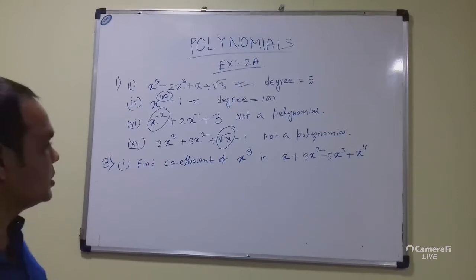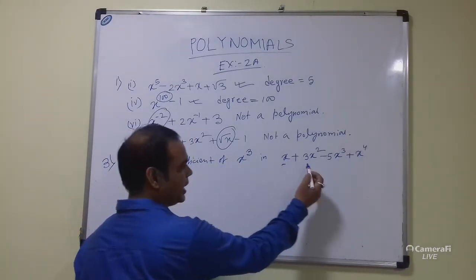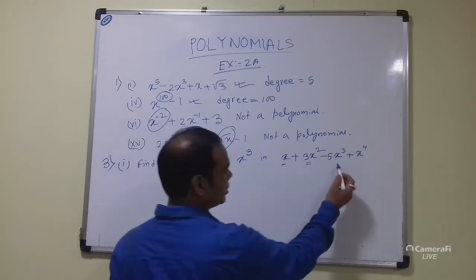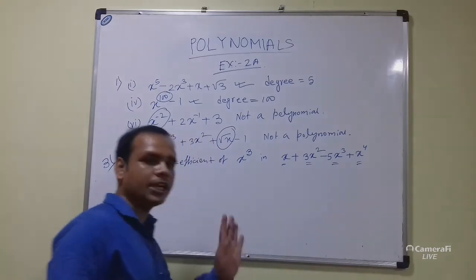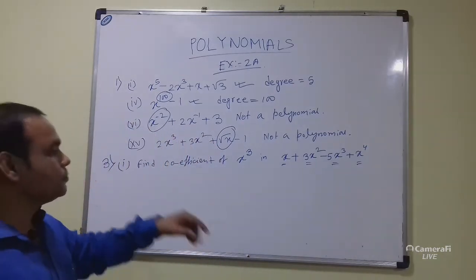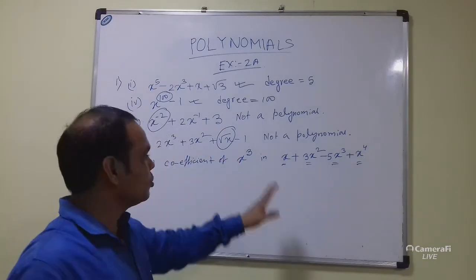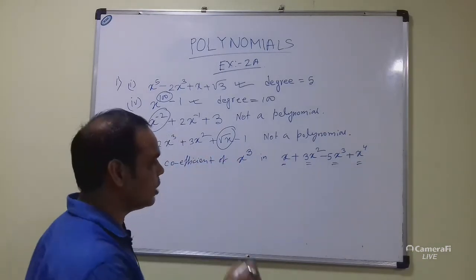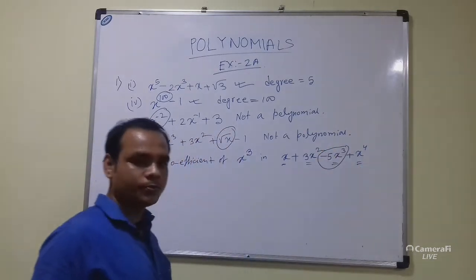So students, in this polynomial there are 4 terms. One is x, one is x square, another one is x cube, and the last one is x to the power 4. We have to see only those terms which have x cube. Here only one term has x cube.